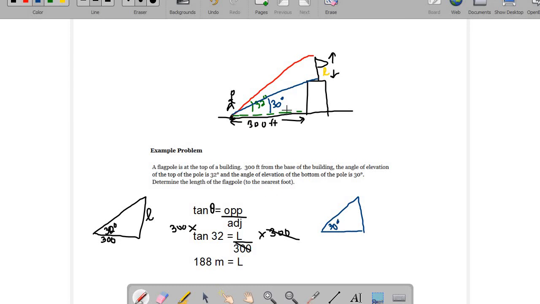The horizontal side is still the same, 300, and the vertical side is still the same, which is L. Remember, two angles means two triangles that you're dealing with. So we're going to be using the same trig ratio.